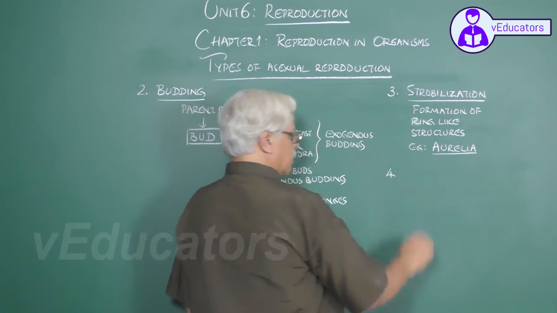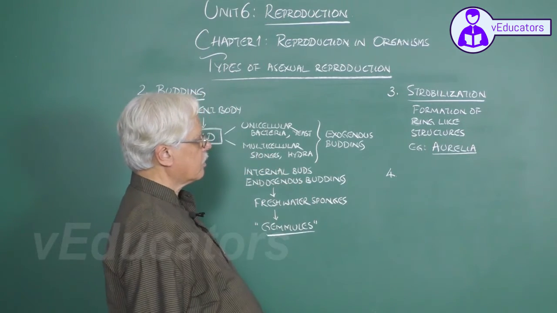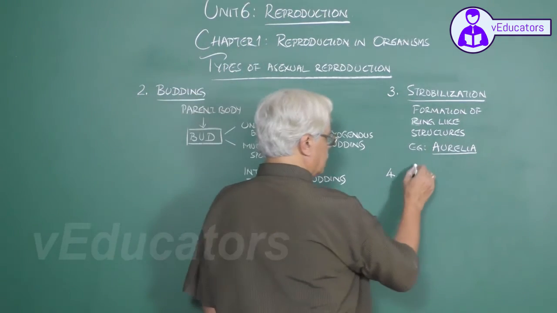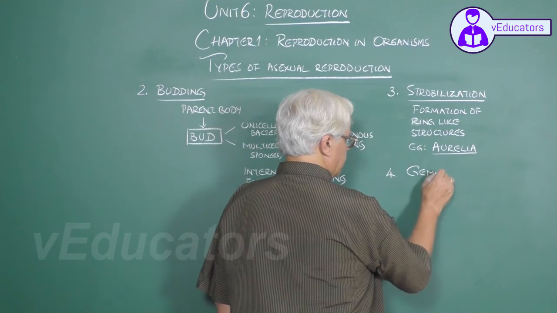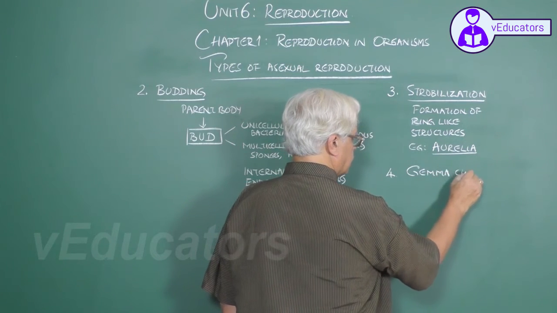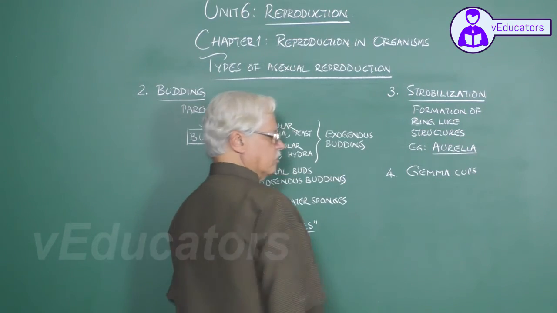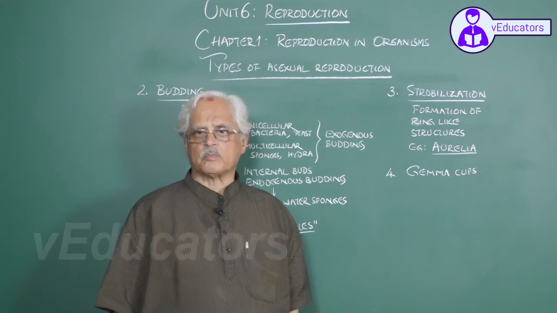Another type of asexual reproduction is the formation of gemma cups.